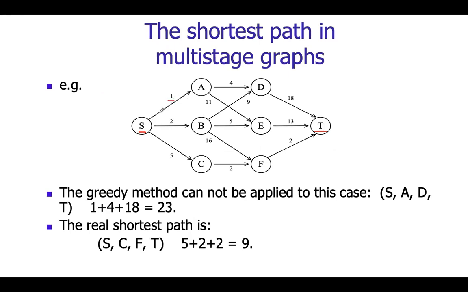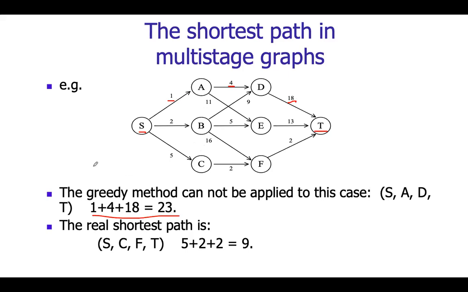From S to A, it will go, cost 1. And then from A, see, greedy method, we are in A. From A, the least cost edge is 4, A to D. It will go to D. And from D, there is only one path to T. Cost is 18. So the greedy method will give a total cost of 23.